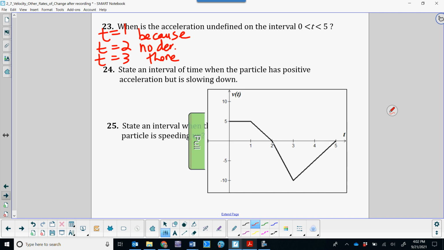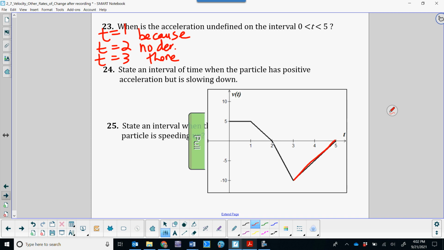24 says, state an interval of time when the particle has positive acceleration but is slowing down. So again, this graph is velocity. Acceleration is the derivative of this graph, or the slopes of the tangent lines. So the acceleration is positive when the slope is positive. The only time the slope is positive is from 3 to 5.